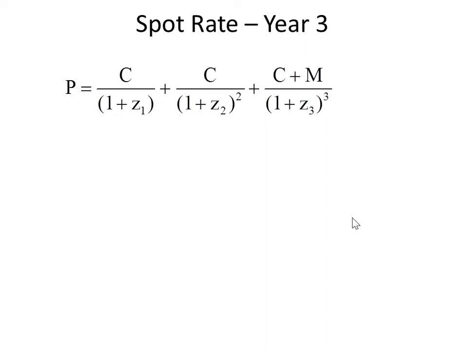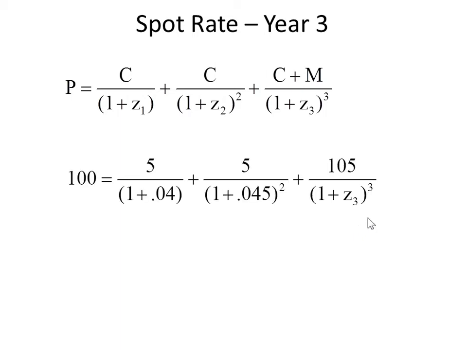Our spot rate calculation for year 3 proceeds exactly similarly to our year 2 calculation. Here you see the formula for our spot rate calculation. Again, we know everything in that formula from our previous calculations. Our bond price is $100. We've had that given to us. Our coupon payment in period 1 is $5. We're again going to discount that back by our 4% spot rate for year 1.